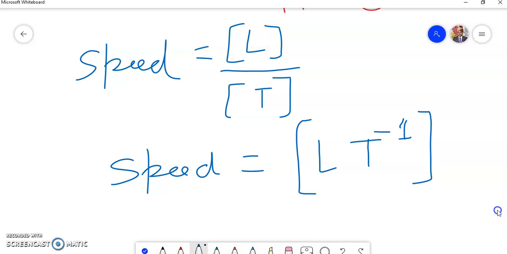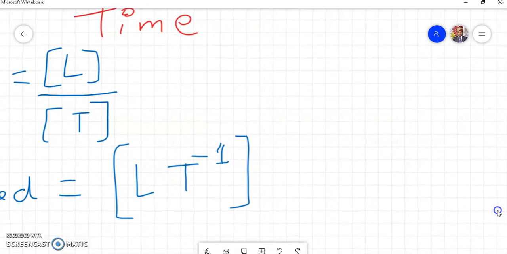Got my point? This is the way to write the dimensional formula. आप देख रहे हो बच्चा कि ये लेंथ और टाइम का रेशियो है. स्पीड क्या है? एक derived quantity है.